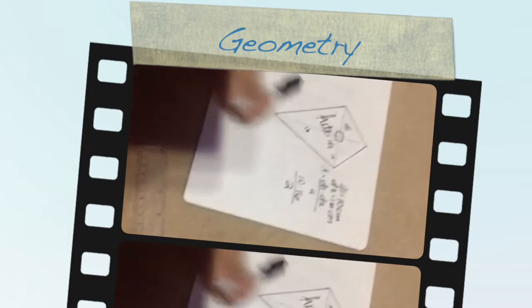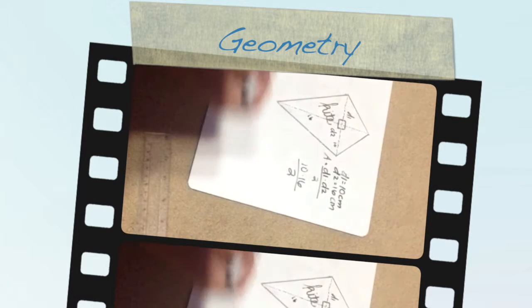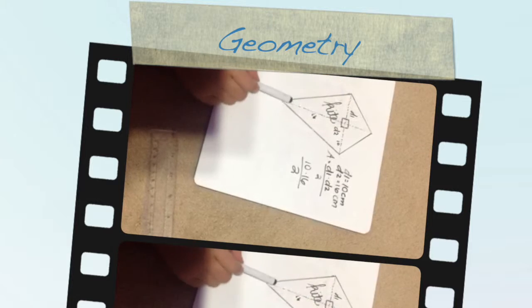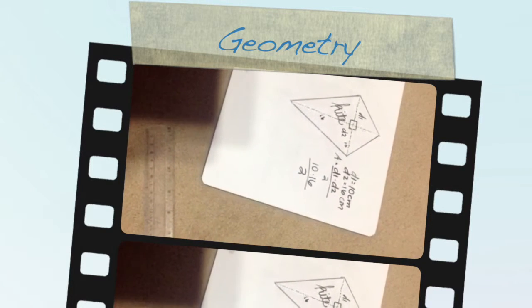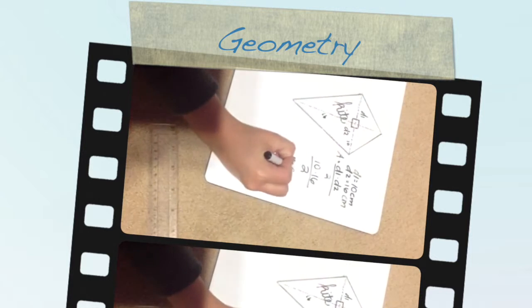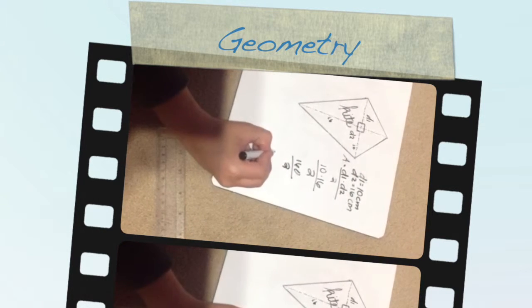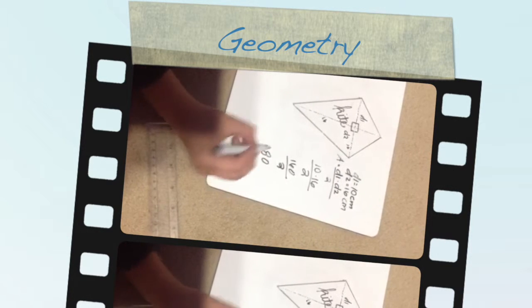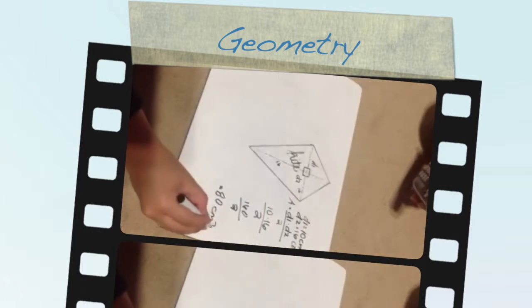So, since diagonal 1 is 10, we use 10 times the diagonal 2, which would be 16. So 10 times 16 is 160, and 160 divided by 2 equals 80 centimeters squared.